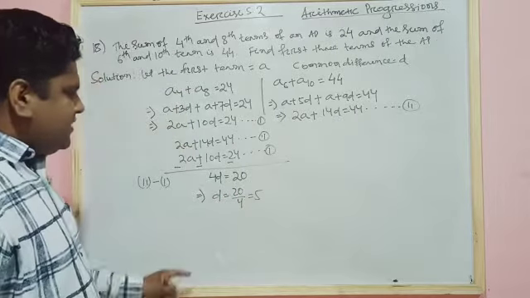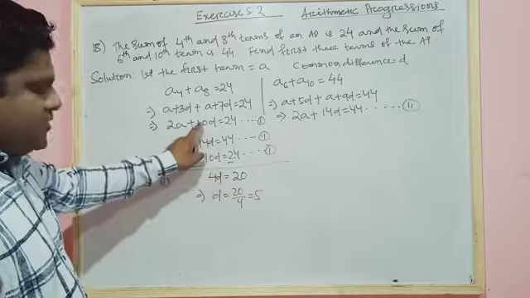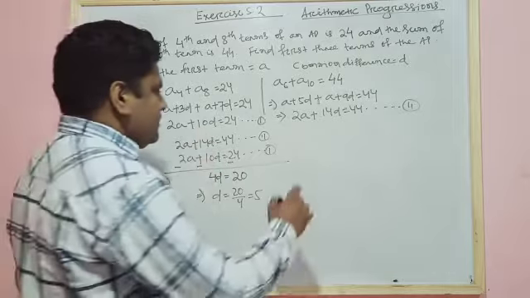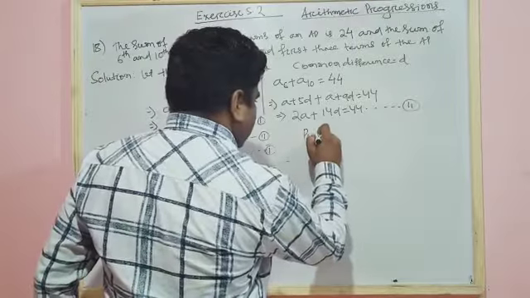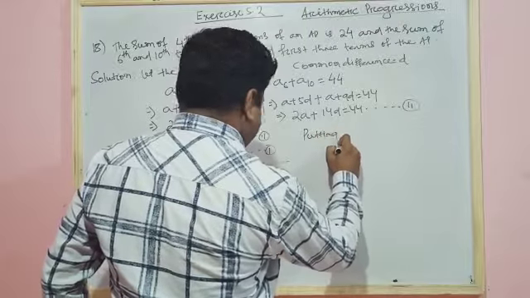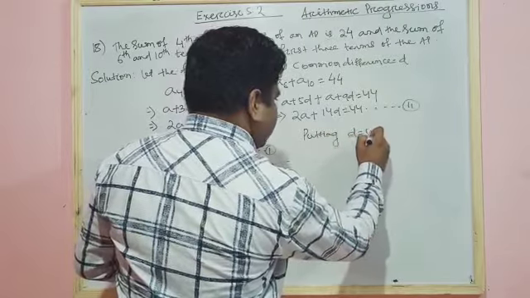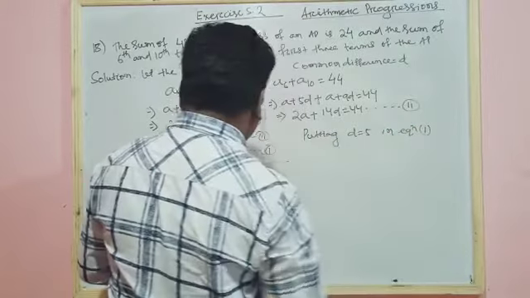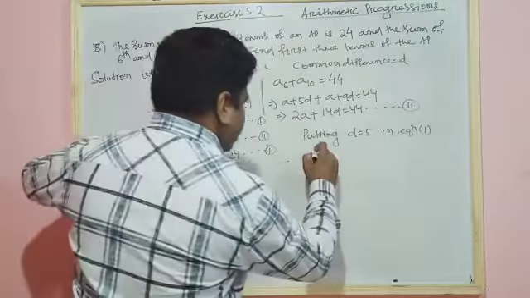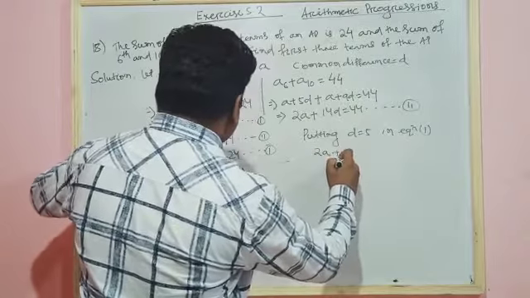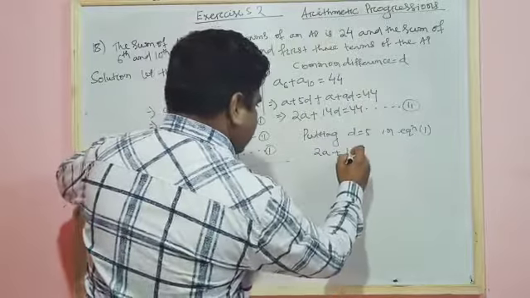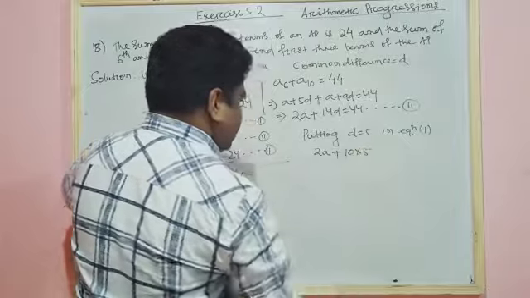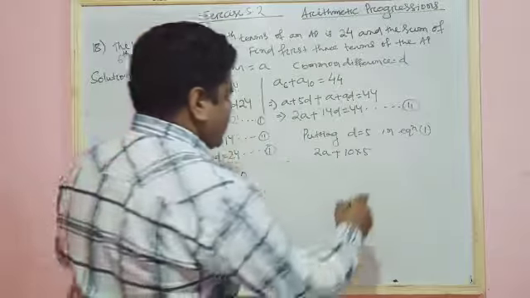Now putting the value of d in equation 1 or equation 2. Let's write here. Putting d equal to 5 in equation 1, we will get 2a plus 10d, in place of d we will write 5, equals 24.